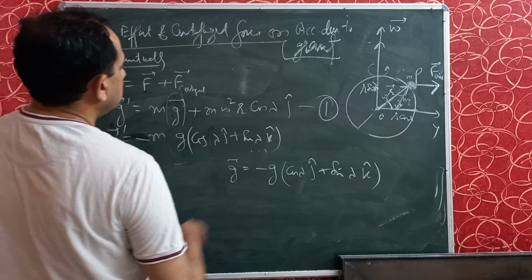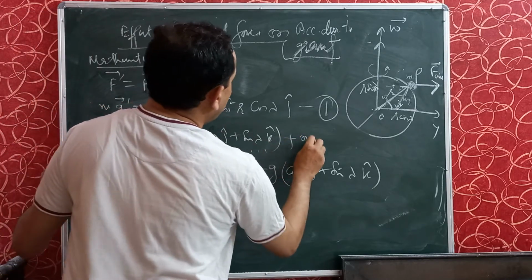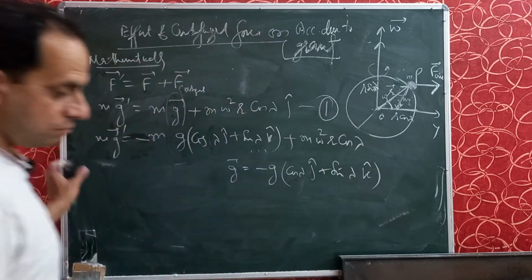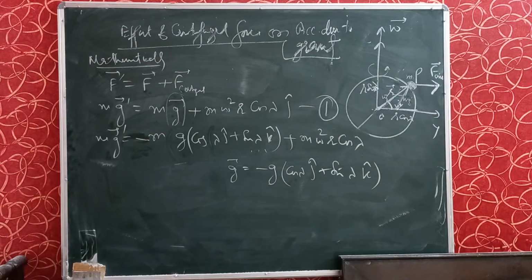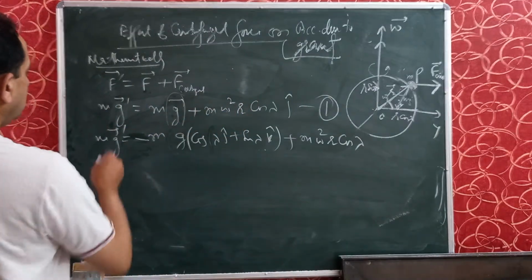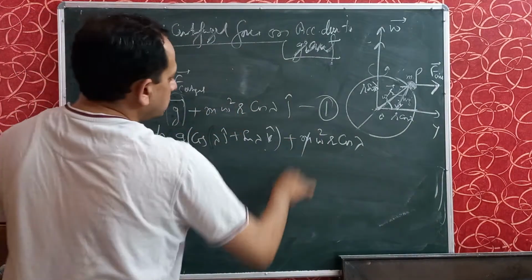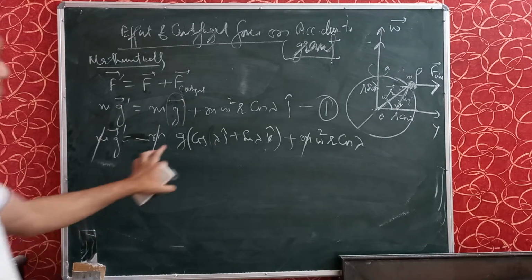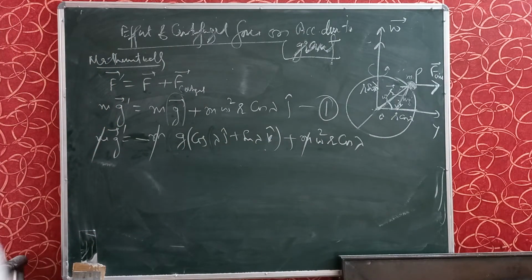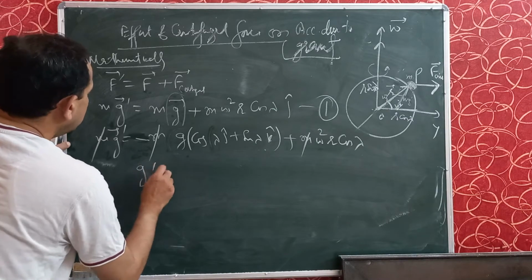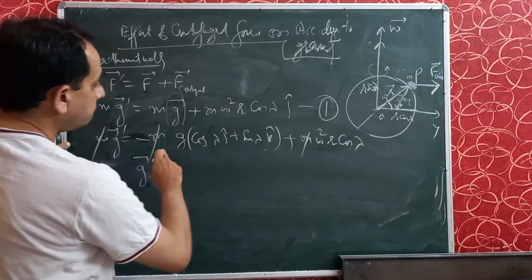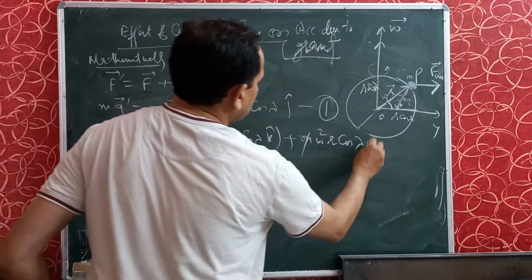And plus this value, m omega square r cos lambda. Now this m can be taken as common from the right hand side, and it cancels with m on the left hand side. So ultimately g dash vector is equal to, this is the final, it is j.